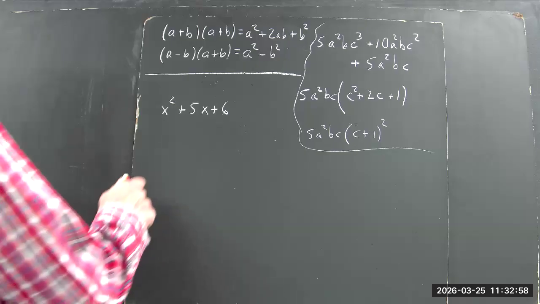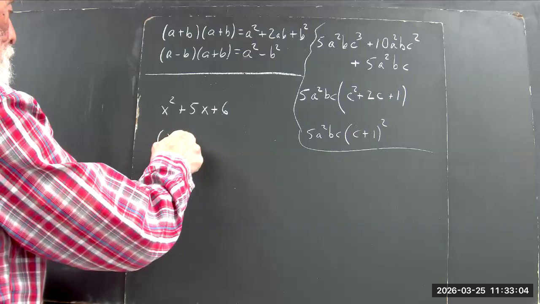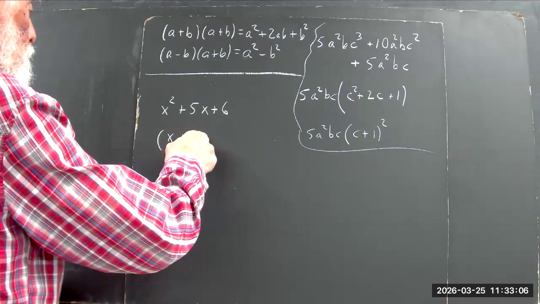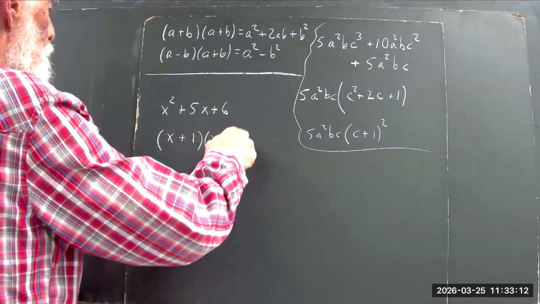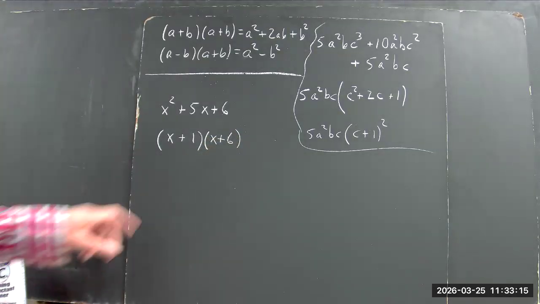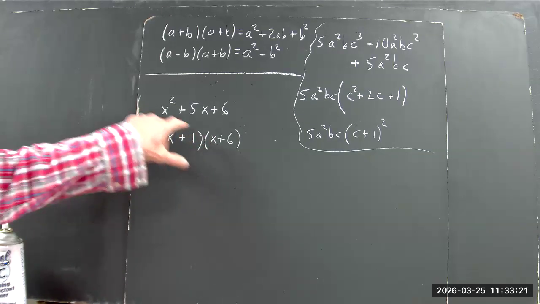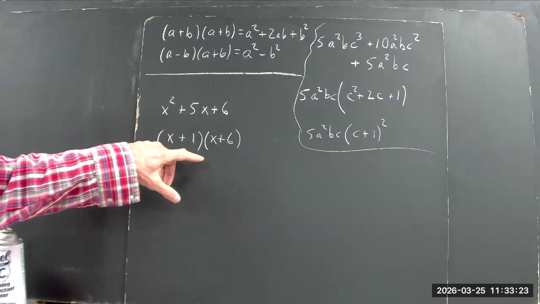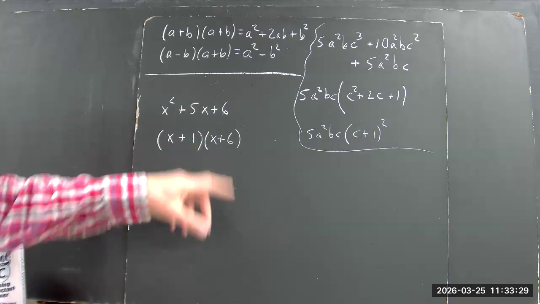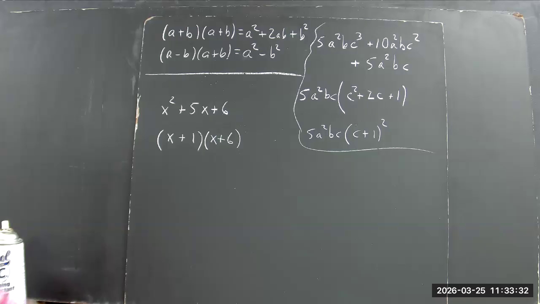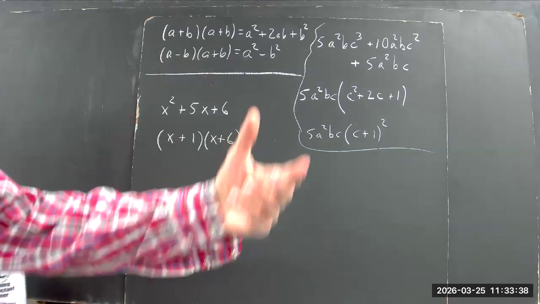What we do know is that if this does factor, and there's no guarantee that it does, if you do x plus 1 times x plus 6, you have x times x, which is going to give you x squared. And you have x times 6, which gives you 6x. And you have 1 times x, which gives you 7x, right? So from the 1 here and the x here, you get an x. From the x here and the 6 here, you get a 6x. That makes 7x.